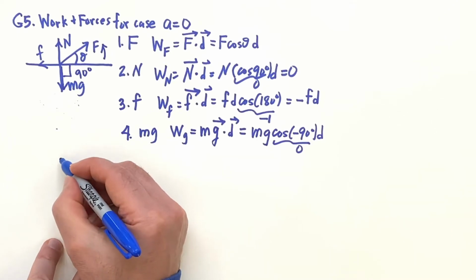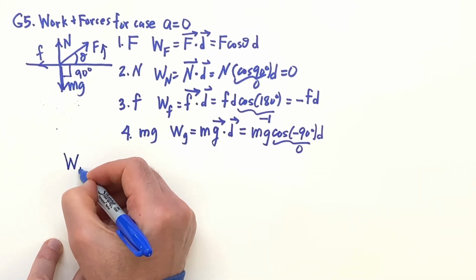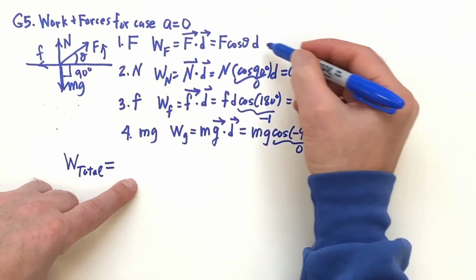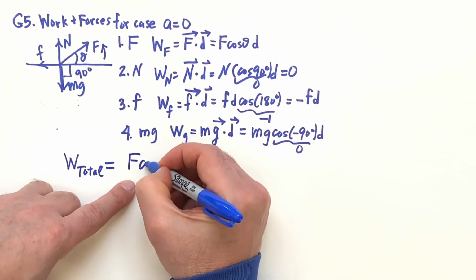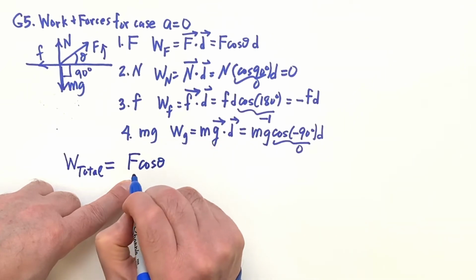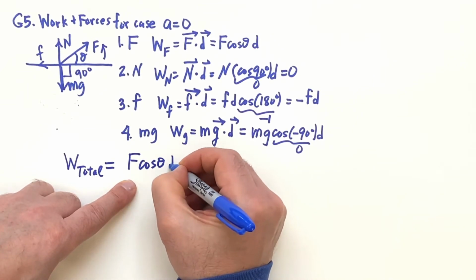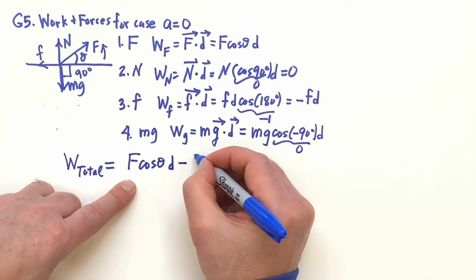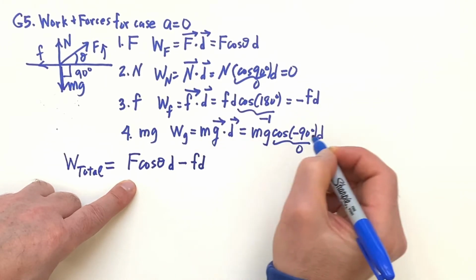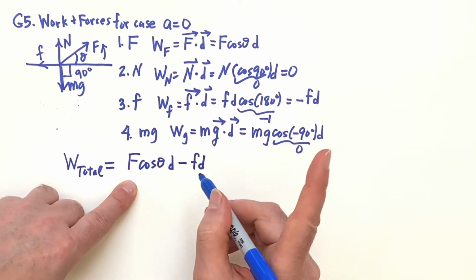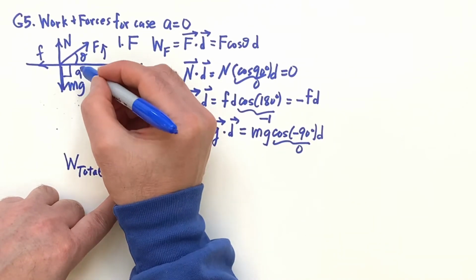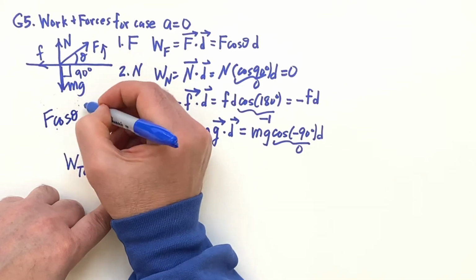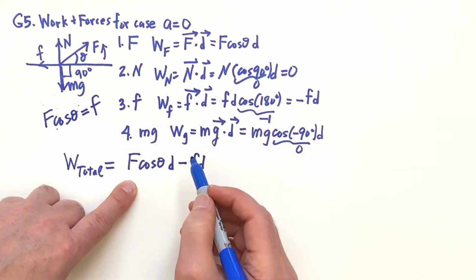So now if we add up all the works, for the total work, we need to add up all these. So we're going to get F cosine theta times d plus 0 plus a negative little f d plus 0. But because there's no acceleration, F cosine of theta is equal to little f.